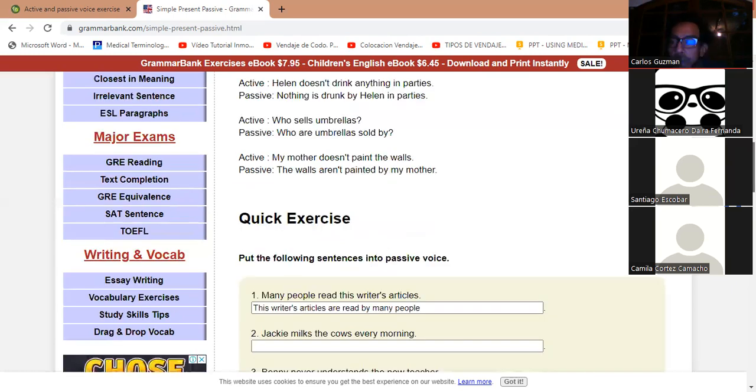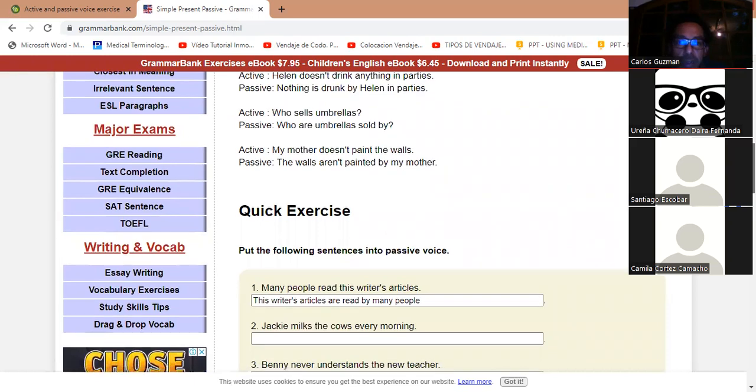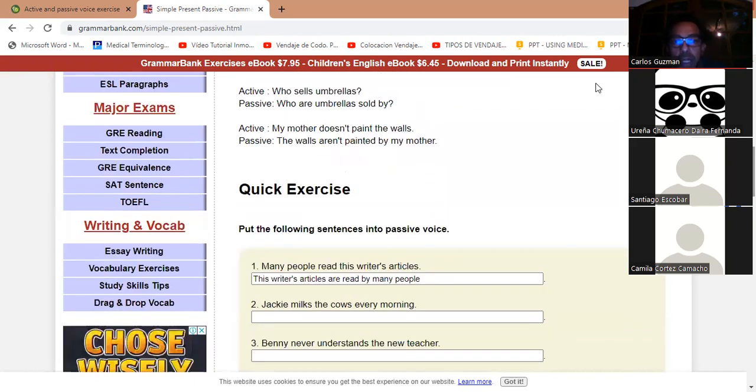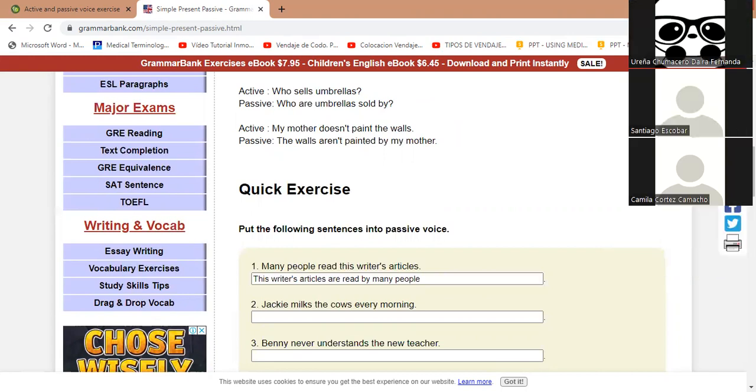Active, the next example, let's see, Santiago, read the next one, please. Just read the examples. Who sells umbrellas? Who are umbrellas sold by? Good. So who sells umbrellas? Active voice. Who are umbrellas sold by? Okay, good. All right, and the next example, Andrew, can you read the next example, please?